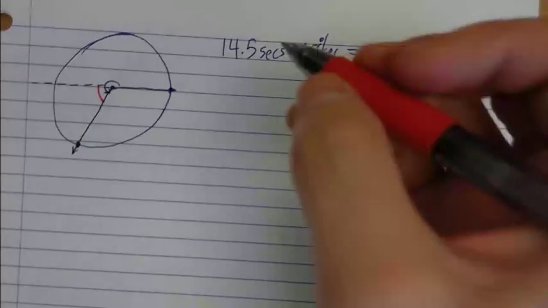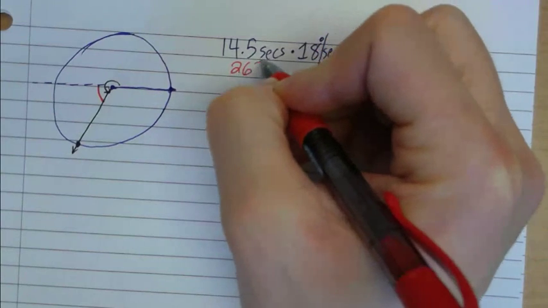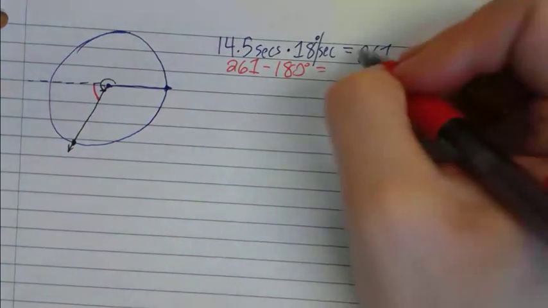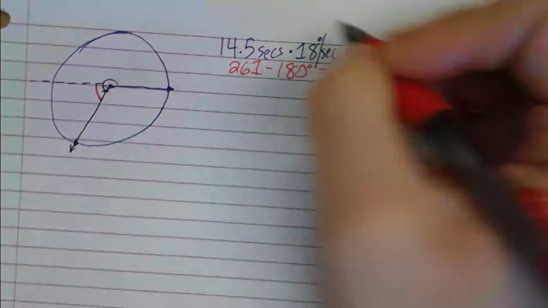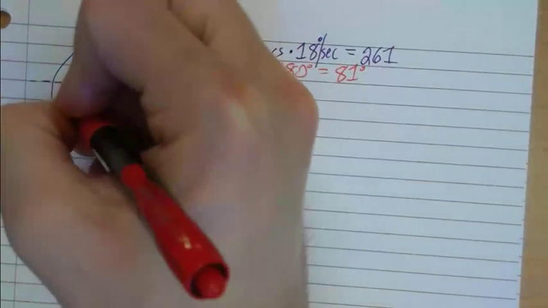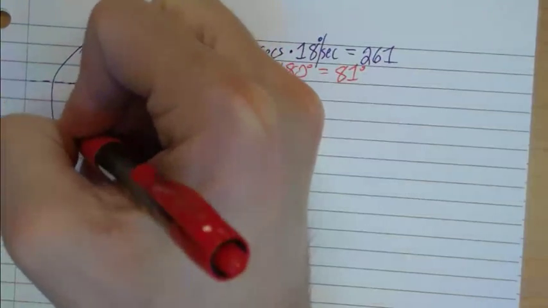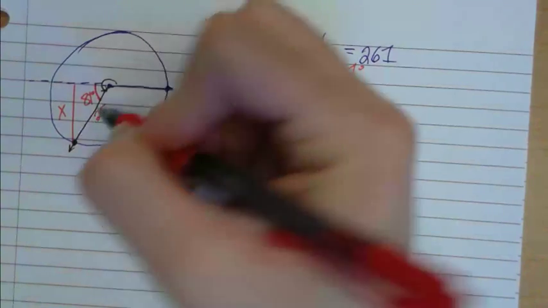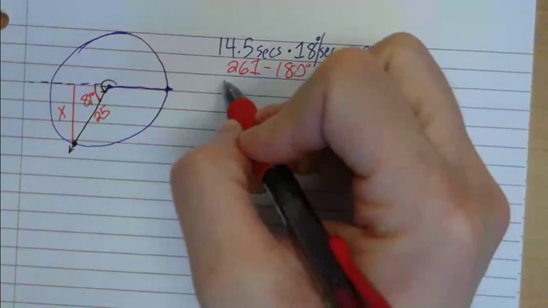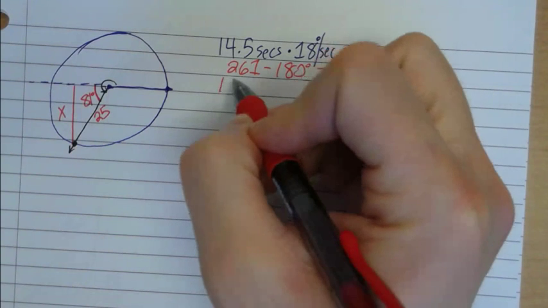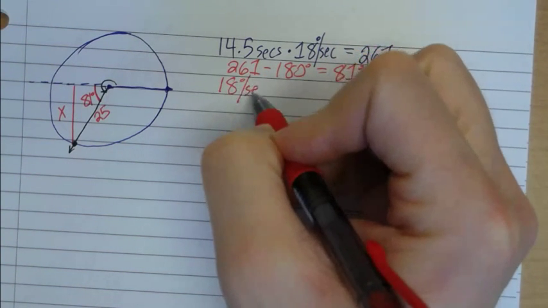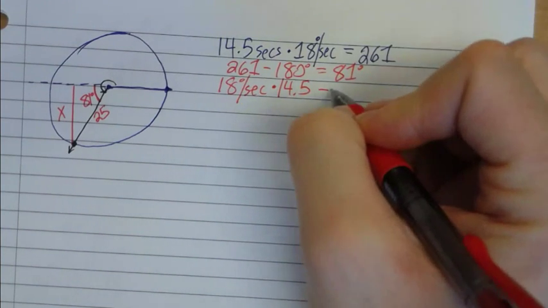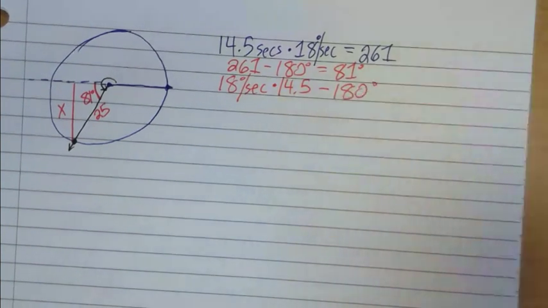So 261 degrees minus 180 degrees is 81 degrees. So we have an 81 degree angle, and we have x, and we have 25. So basically what we just did there was 18 degrees per second times 14 and a half seconds minus 180 degrees.